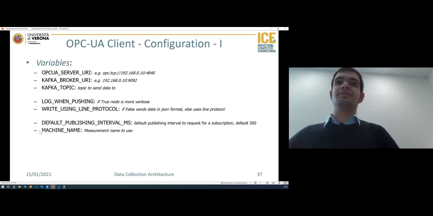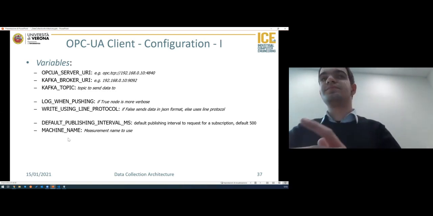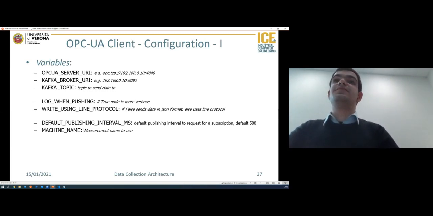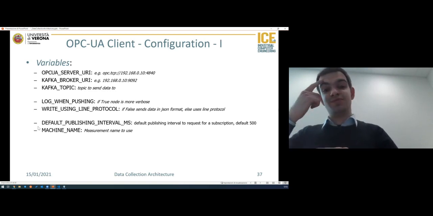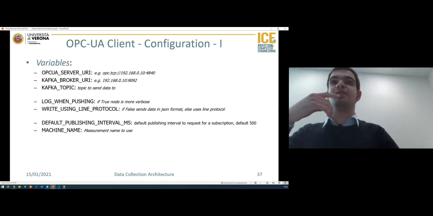Other variables, so the machine name, so the measurement name that will be used. As said before, the OPC clients connect to a single machine, and so it is easy to write this variable. And the default publishing interval in milliseconds. This is a particularity of OPC UA, but in practice, this is the period in which we can receive all the values read from the server.